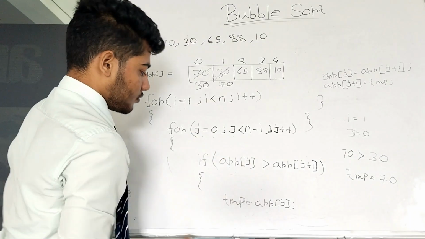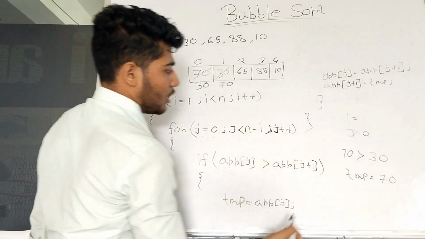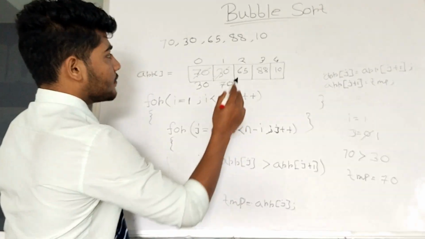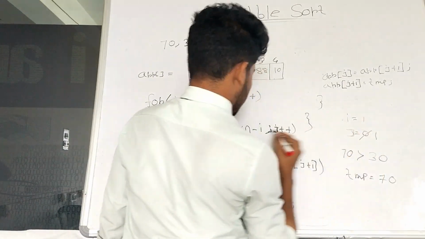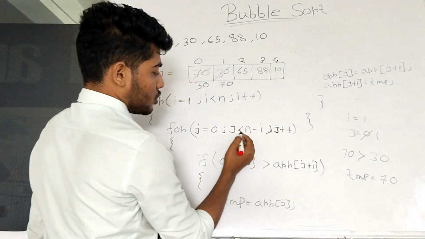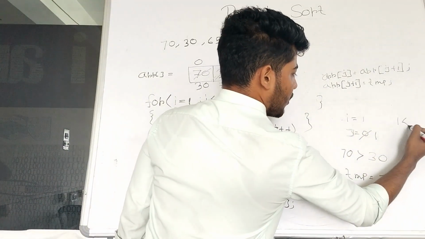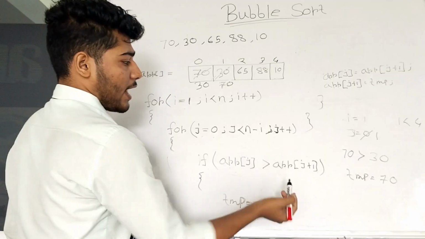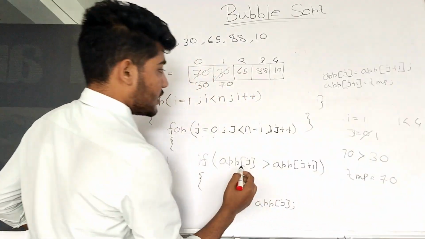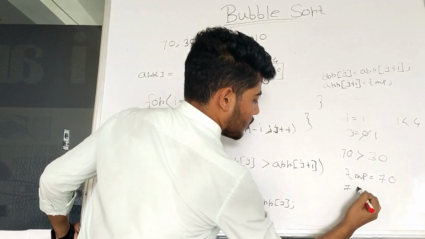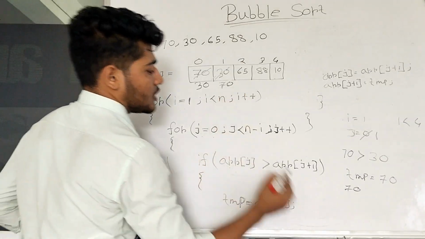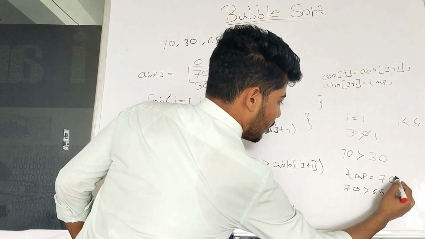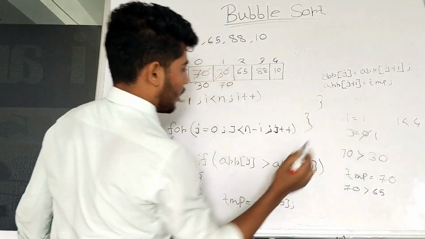Now again it will come here, j will be 1, and we check j less than n minus i. n is 5, 5 minus 1 is 4, so j less than 4, 1 less than 4, it's true, so it will enter the loop again. arr[j] greater than arr[j+1]: arr[1] is 70, 70 greater than 65, it's true, so it will swap again. tmp will be arr[1], which is 70.